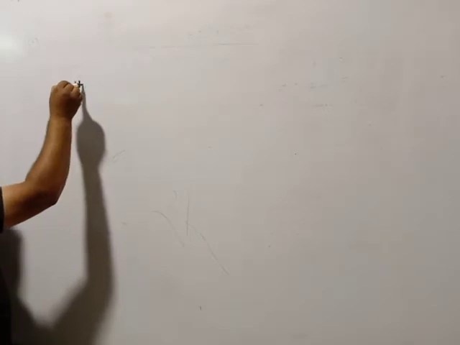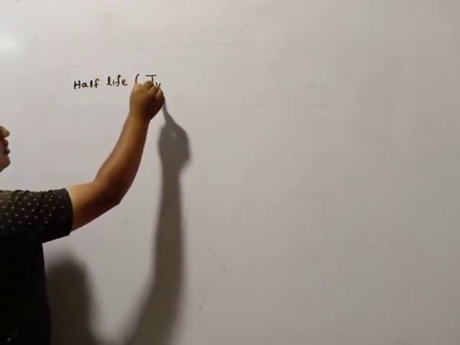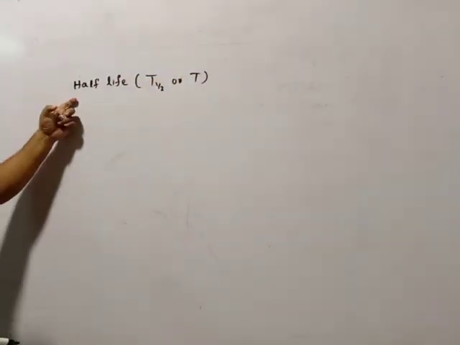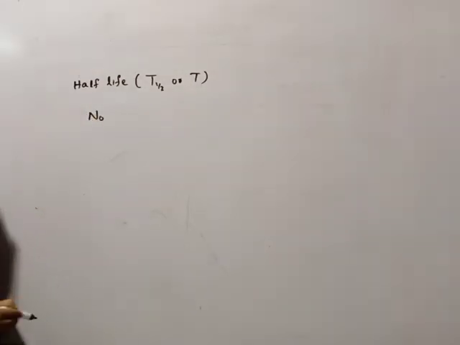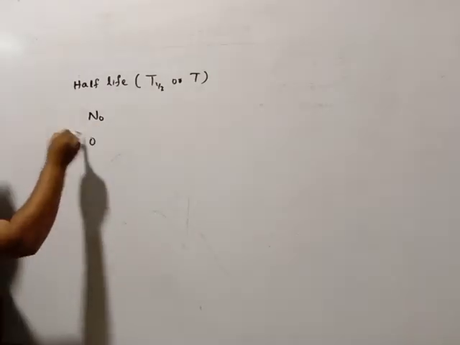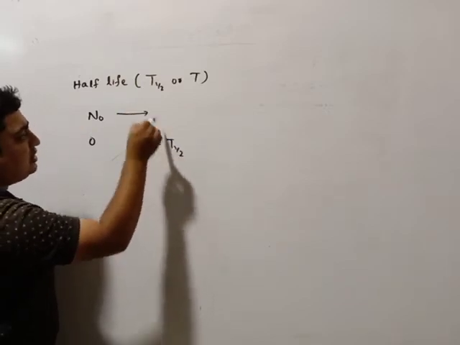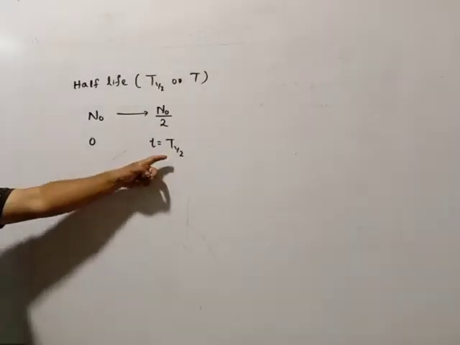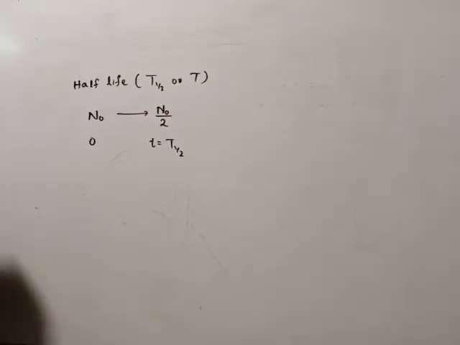Next, we will go for half-life, T half. So, what is the meaning of half-life? Let the number of radioactive nuclei initially be N0. The time after which the number of radioactive nuclei becomes half is called T half, or the half-life of radioactive nuclei.